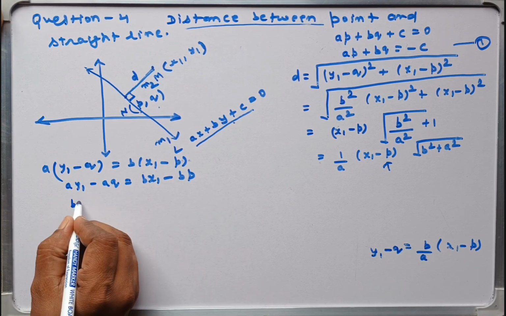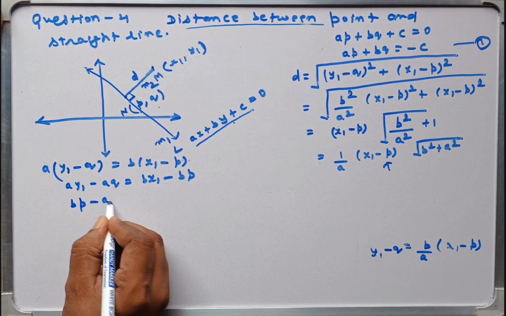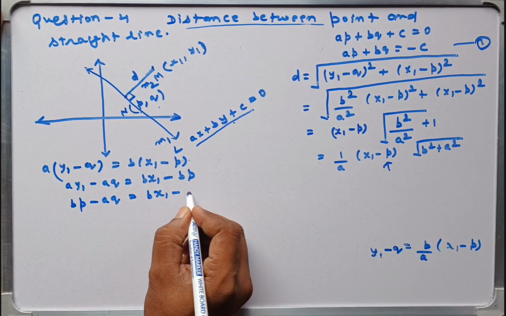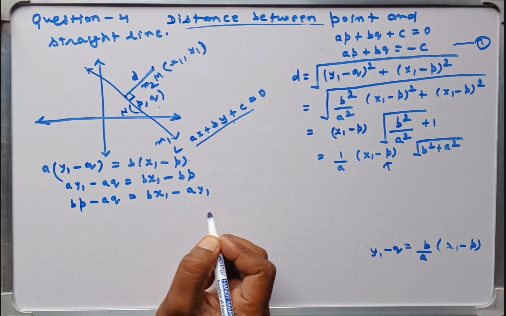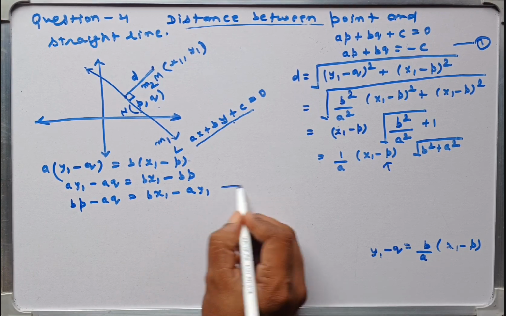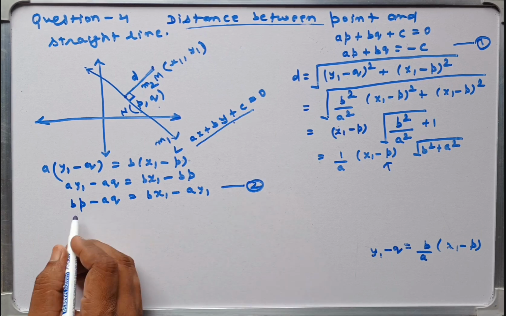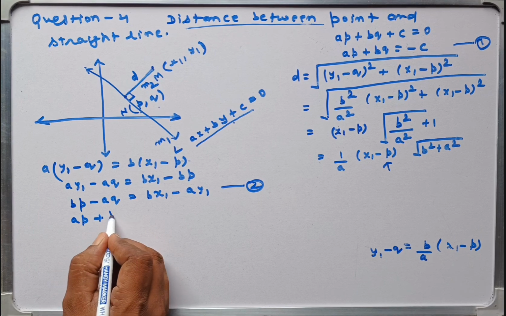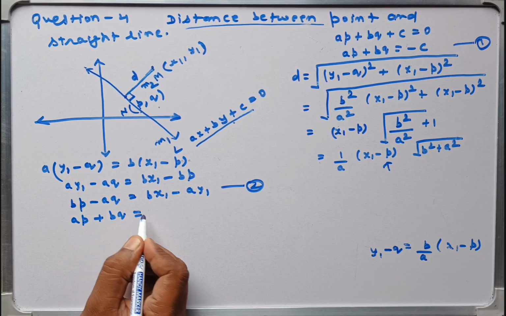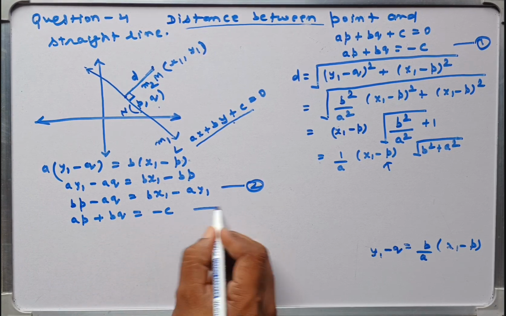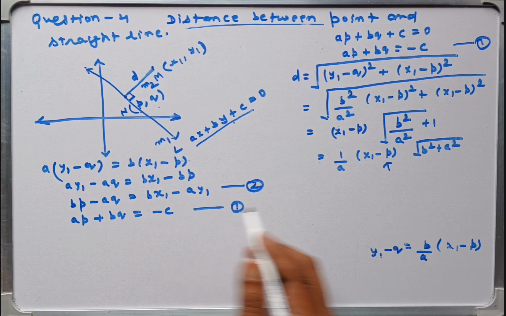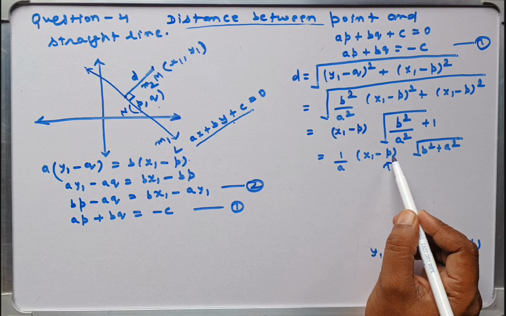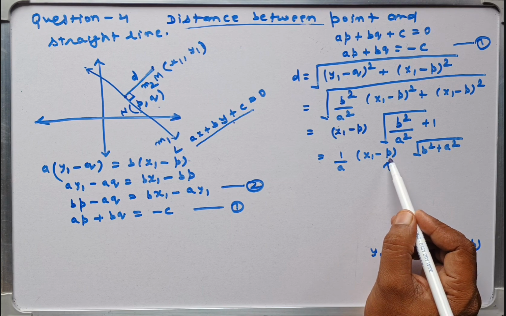We can write bp minus aq equal to bx1 minus ay1. So this is equation number 2, and this one ap plus bq equal to minus c. This is equation number 1. Okay, so we have to find out the value of p here.